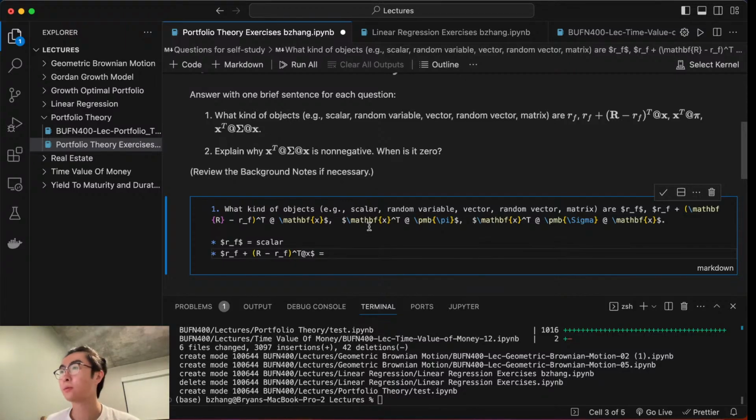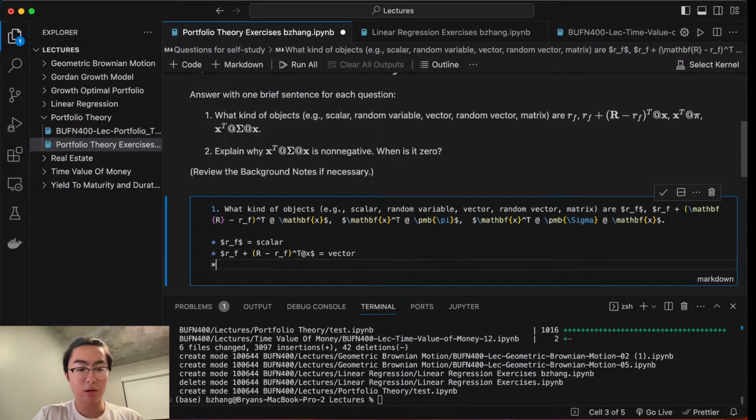So let R denote my one vector. Okay, so R is equal to a vector, right?